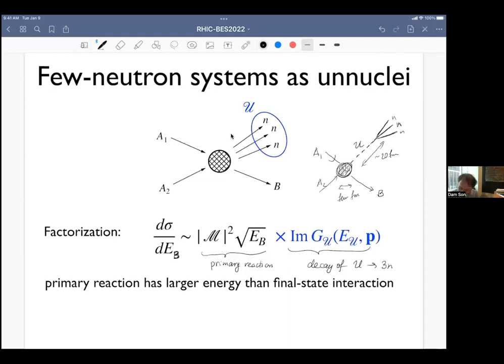So the primary reaction rate contains a kinematic factor depending on the energy of the B. But what is important is that it does not depend on the relative energy between the neutrons if the neutrons are all emitted in the same direction.